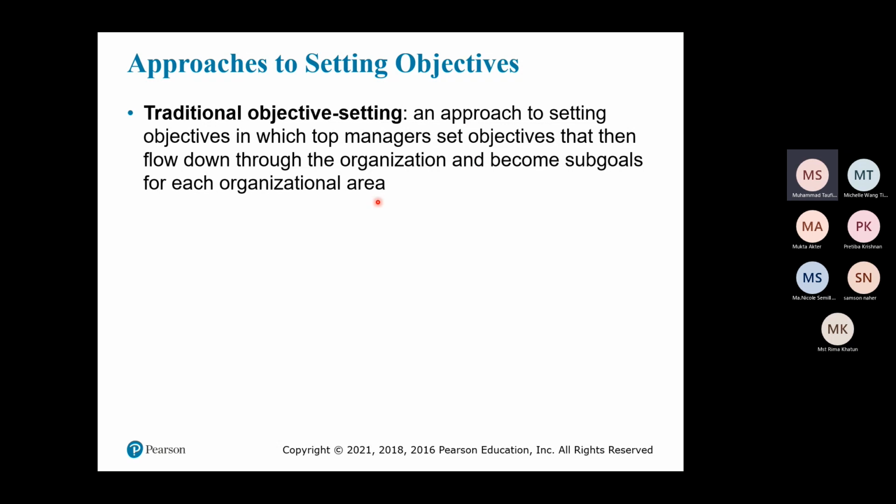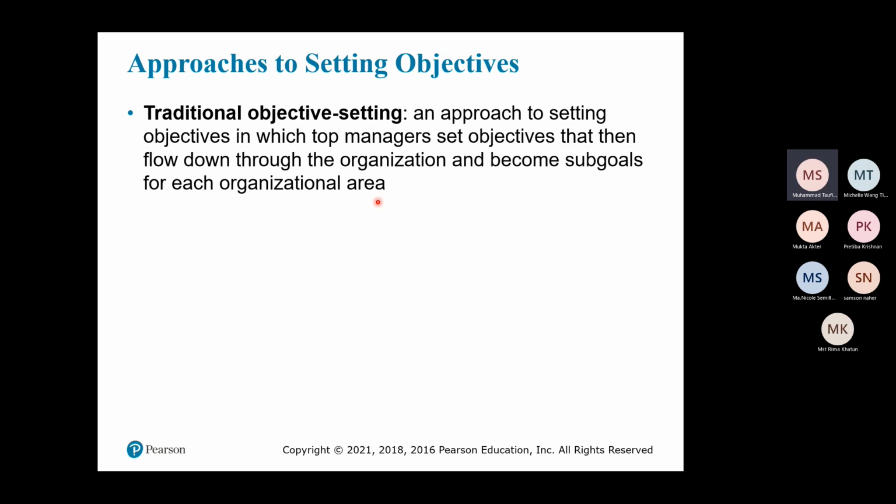The first technique to set your objective for your organization is to set it from top to bottom. Your top management creates their own strategic goal, and then it goes down to the lower level, and the lower level will create new goals to achieve the strategic goal. This is the traditional way.